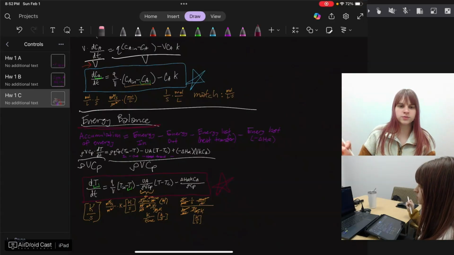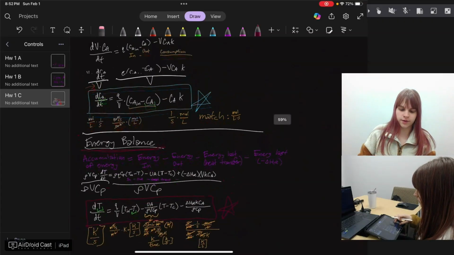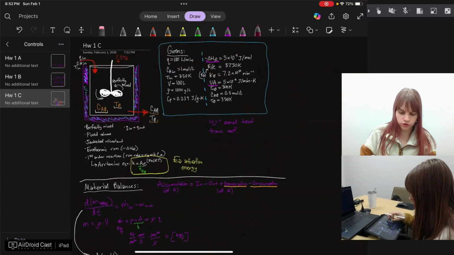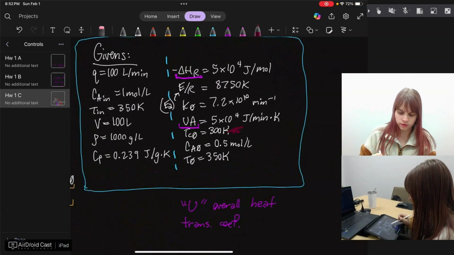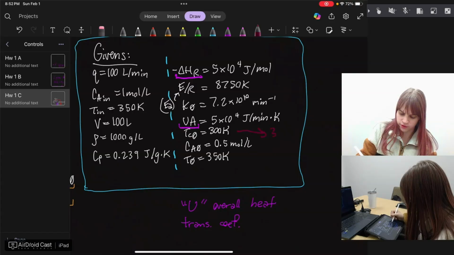Specifically, we are going to be looking at the concentration and temperature profiles when the coolant temperature is increased from this initial 300 kelvins to 305 kelvins at time equals 0.